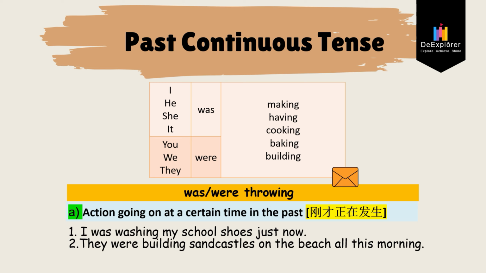The second one, they were building sandcastles on the beach all this morning. See, so they were building. So they subject, verb were building sandcastles where, on the beach all this morning. 就是今天整个早上，今天整个早上都正在沙滩建沙堡。Okay, so that's why you use was, were, ing to show action going on at a certain time in the past. 所以已经发生了，但是他强调那时候正在。Alright, so that's for 5A, 第一种的.